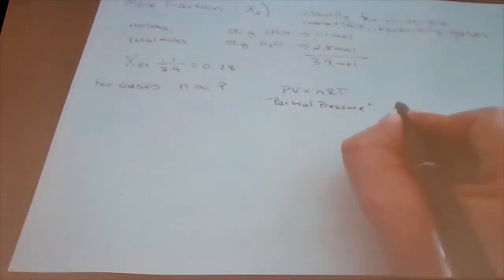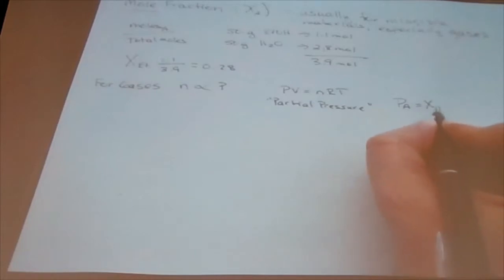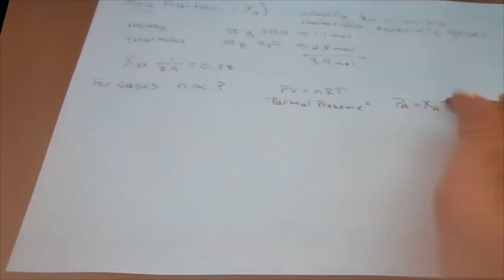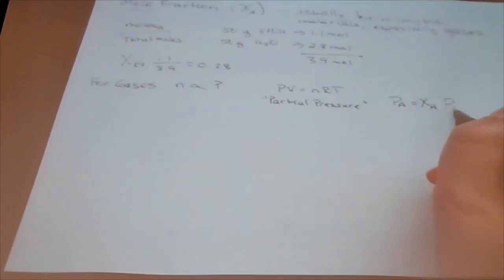So the whole atmosphere is 1 atmosphere, 764, but only part of that pressure is coming from oxygen, right? And so the way that I get there is by saying the partial pressure is equal to the mole fraction times the total pressure.